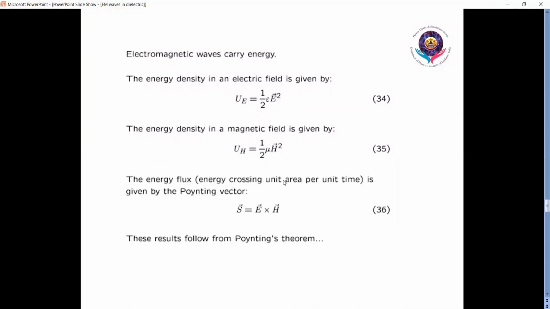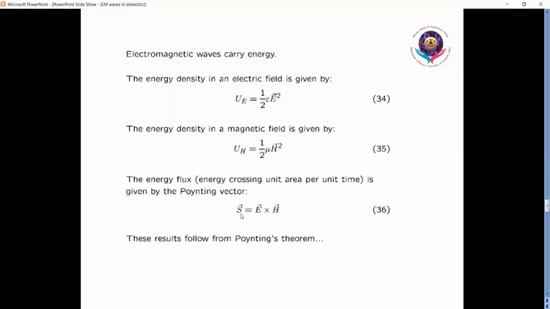Now the energy flux, that is the energy crossing per unit area per unit time, is given by E cross H. The cross product of E and H is denoted by a vector called the Poynting vector.